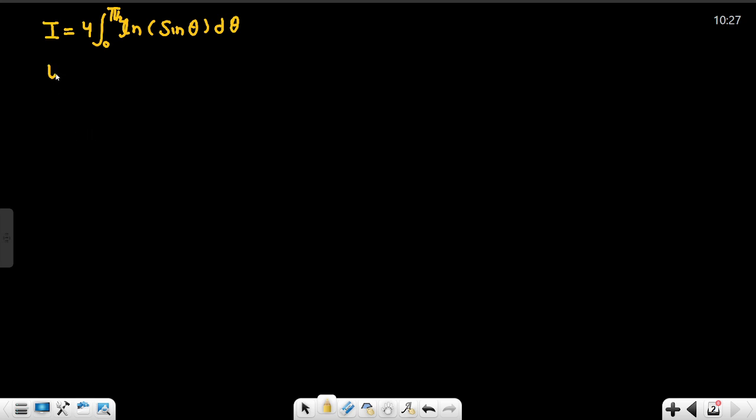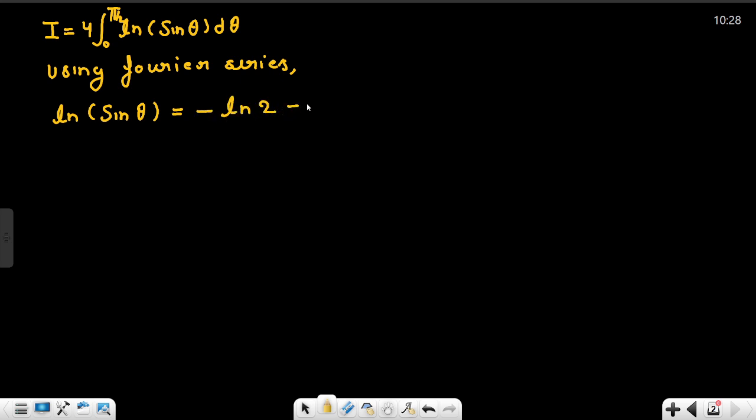So using the Fourier series, ln sin theta is equal to minus ln 2 minus the summation from n equal to 1 to infinity of cos 2n theta upon n, where theta belongs to 0 to pi, right?